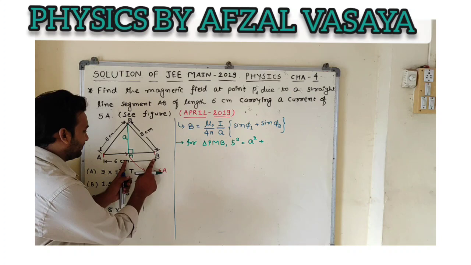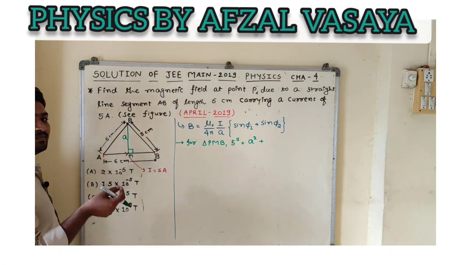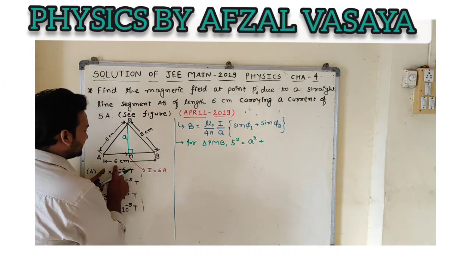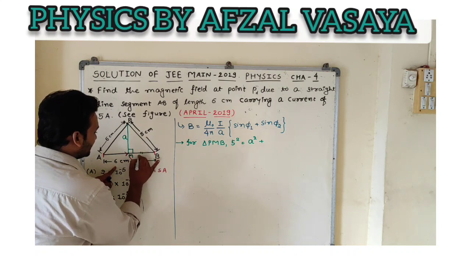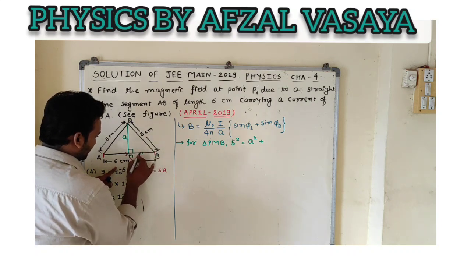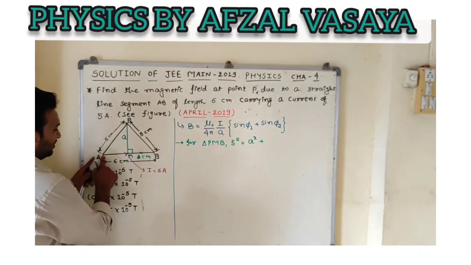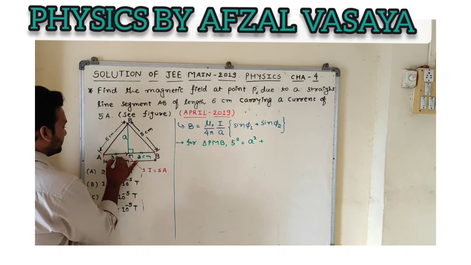Now, what is MB? PM is the perpendicular bisector of AB, and the total length of AB is 6 cm, so MB becomes 3 cm, and also the length of segment AM becomes 3 cm.